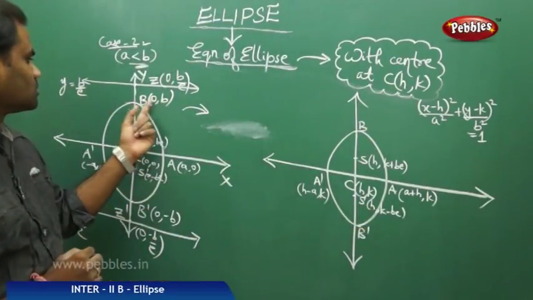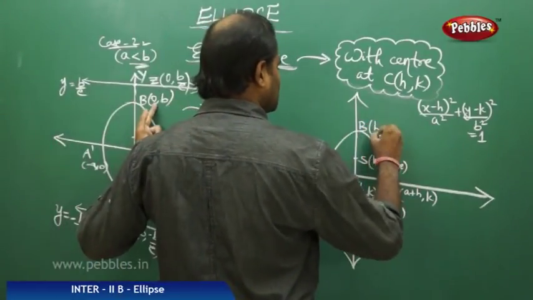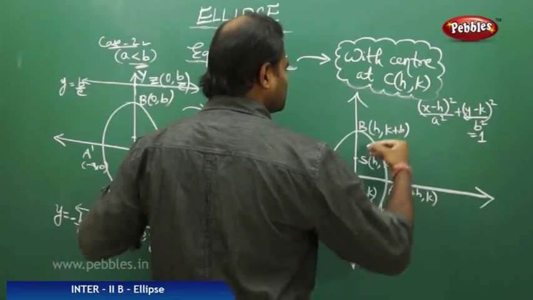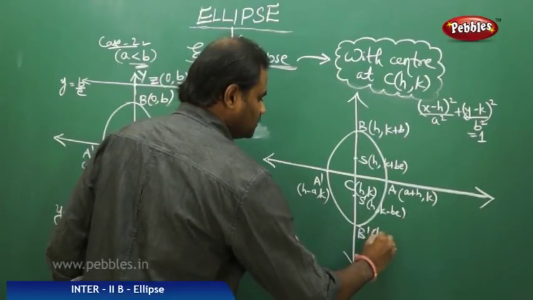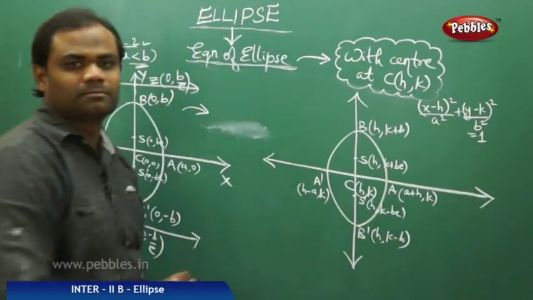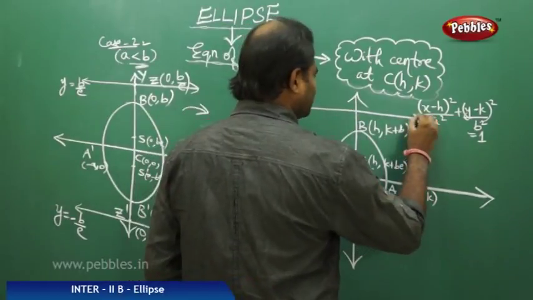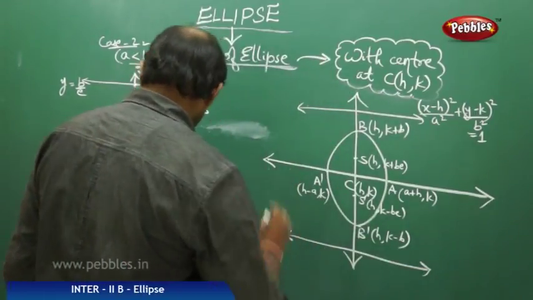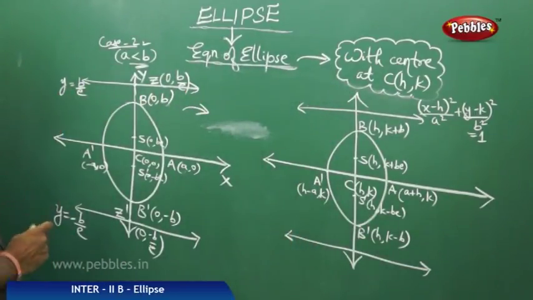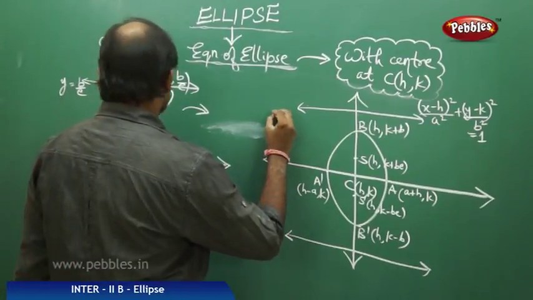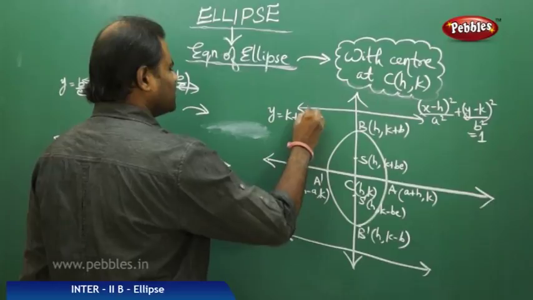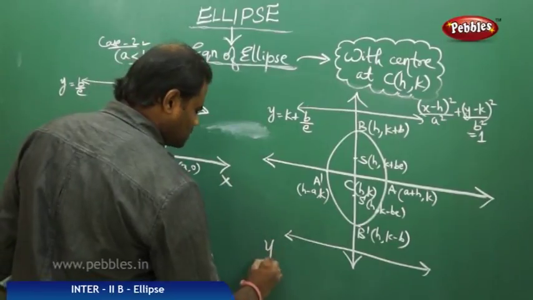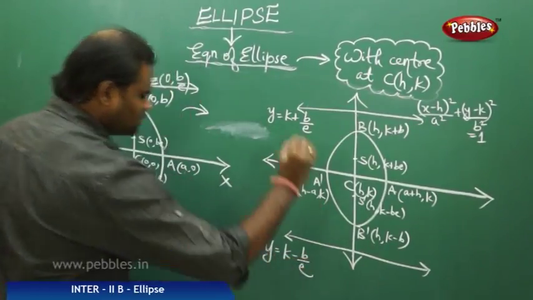As I see here (0, b), so x minus h gives h, y minus k gives k plus b, and this would be (h, k minus b). And the directrix, which is given by y equal to b by e, implies y minus k, that is y equals k plus b by e, and y minus k equal to minus b by e implies y is k minus b by e.